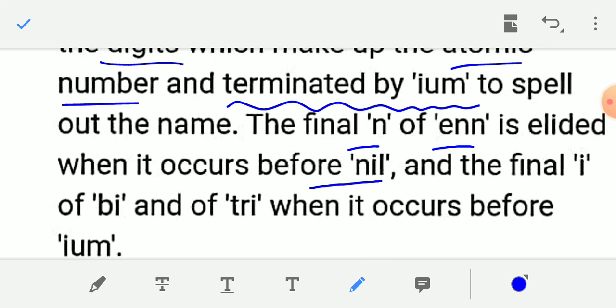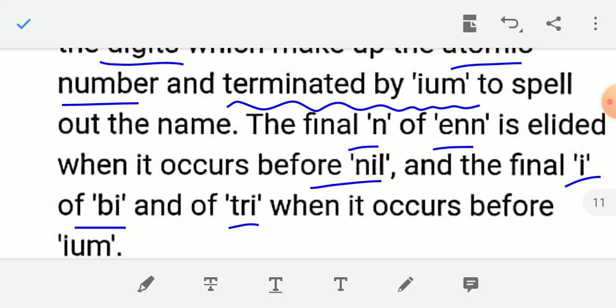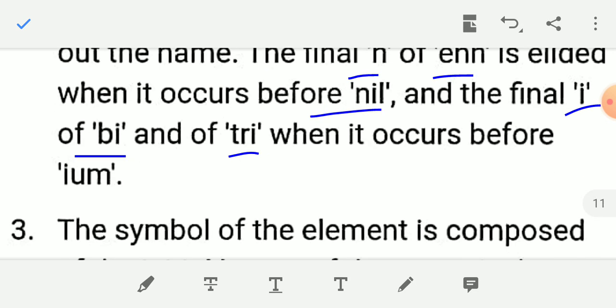And the final i of bi and of tri, you have to omit when it occurs before ium.